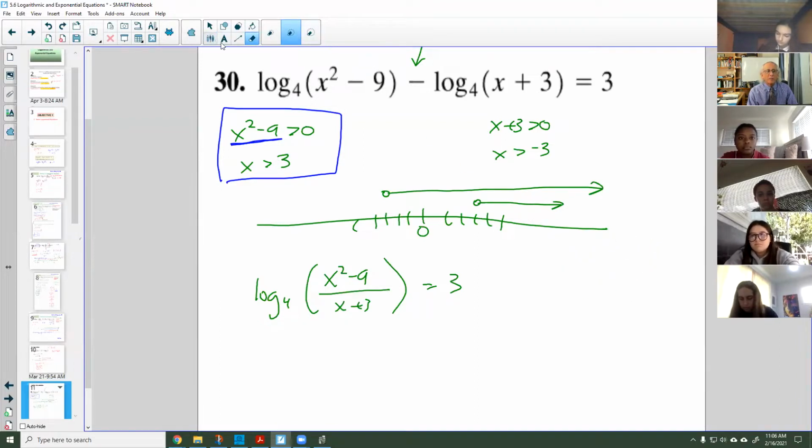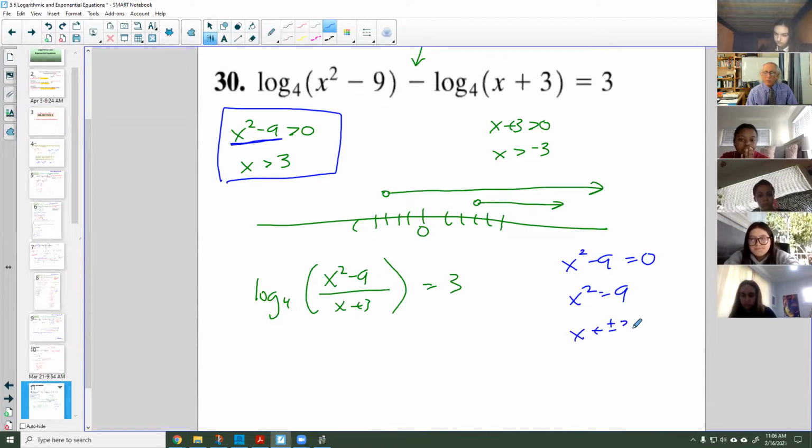I have to do the method of first find the zeros. x squared minus 9 equals 0. So x squared equals 9. So x equals plus or minus 3. And then I need to make a number line for that with -3 and +3 and test numbers in each spot. Do you follow what I'm saying here?